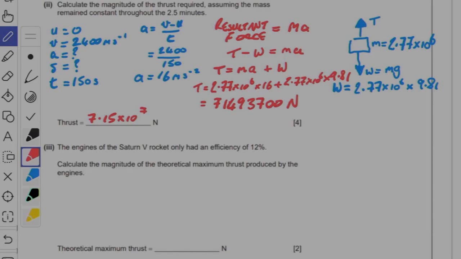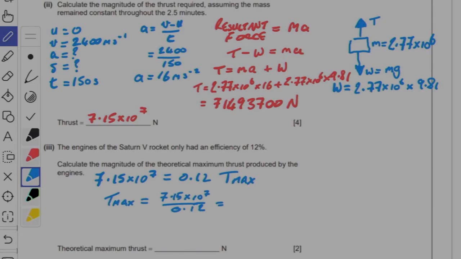So what's the maximum thrust? Well, we just write that as an equation. The value we've got is 0.12 of Tmax. So Tmax is going to be, if we divide both sides by 0.12, put that through your calculator, and you get 5.96 times 10 to the 8 newtons.